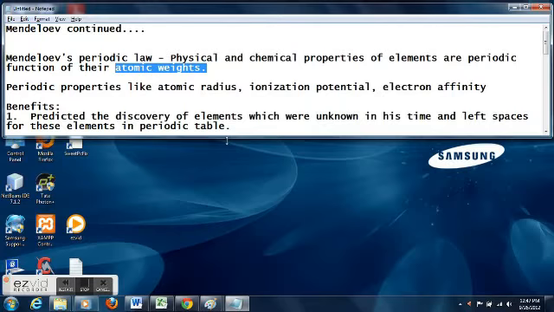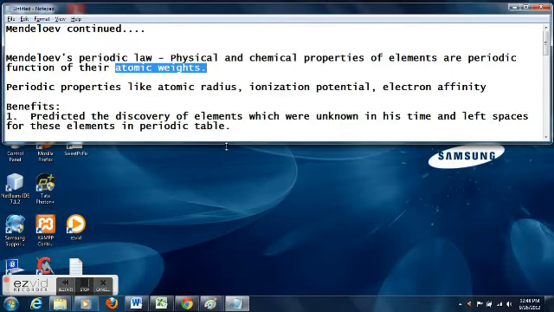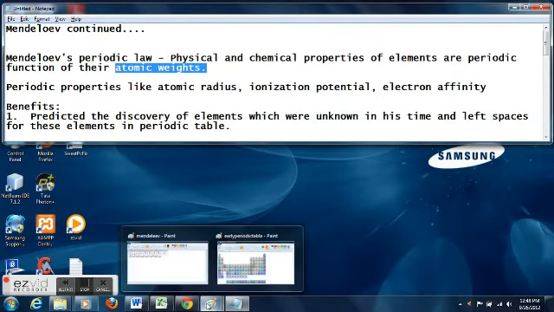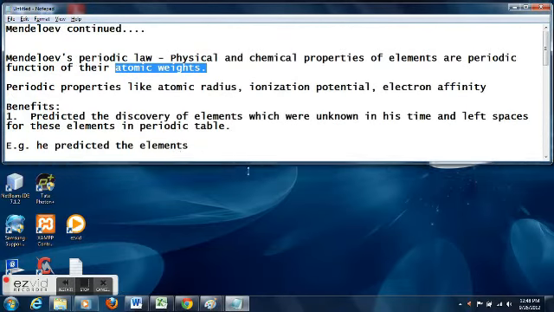So he kept open position for those elements in his periodic table, and since these elements were not known, he gave them some kind of pseudonym like Eka silicon, Eka boron, like that, and he kept spaces for them. And he also predicted that when these elements will be discovered, what will be their properties like.